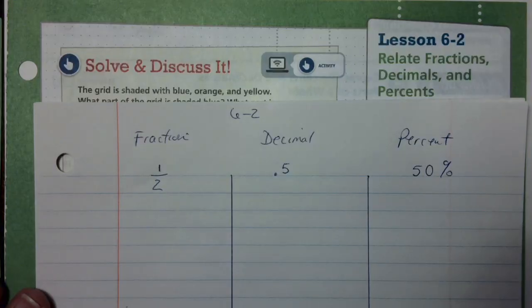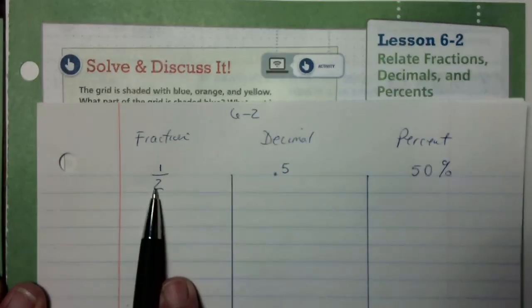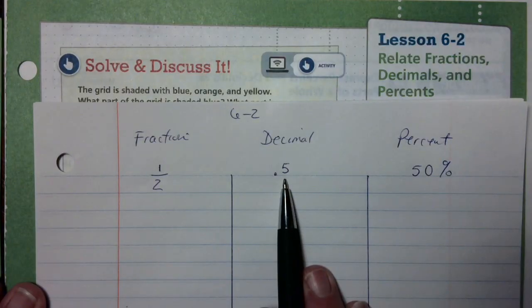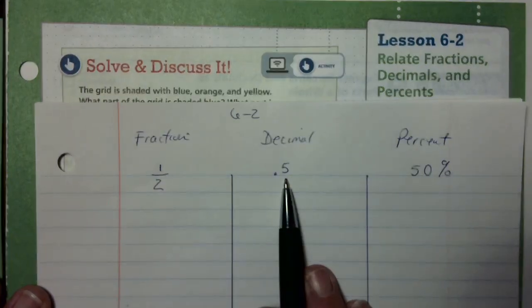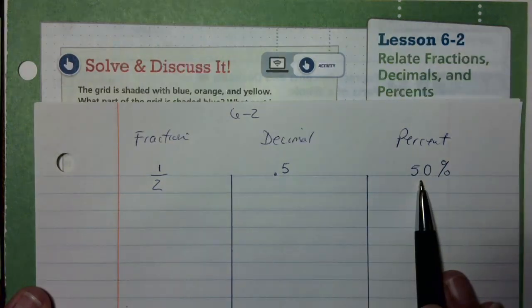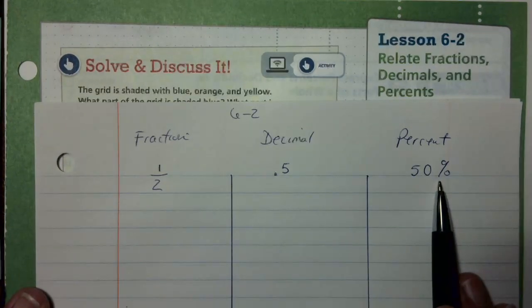So, let's think about this for a minute. If I had a candy bar and I ate half of it, that is the same as 5/10. If there were 10 divisions in that candy bar and I ate 5 of them, that's the decimal form, 5/10. And I ate half of it, which was 50% of that candy bar.